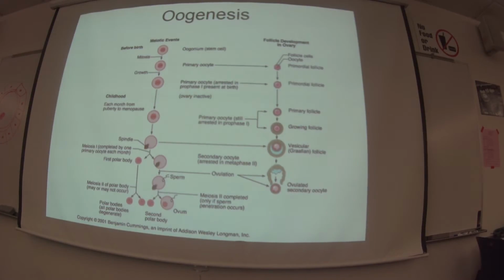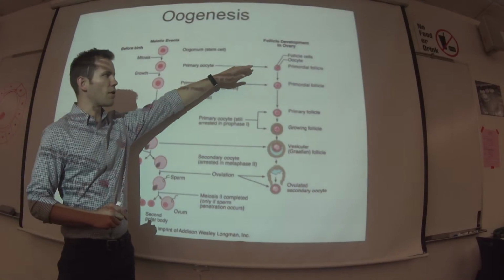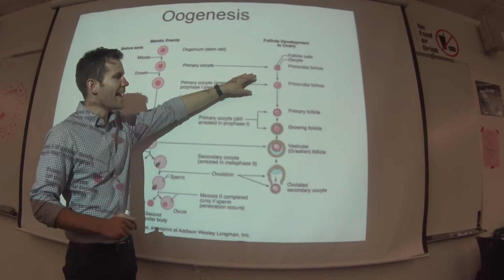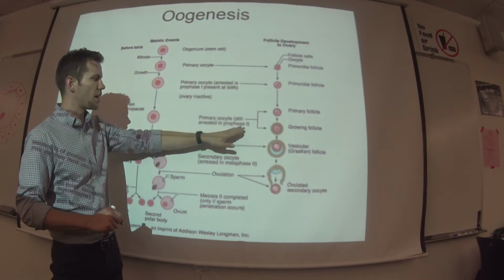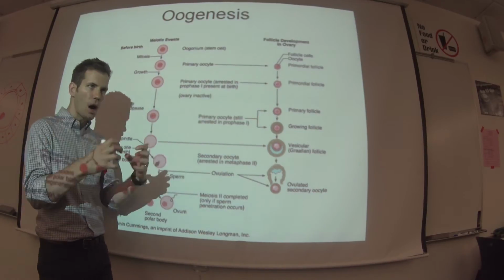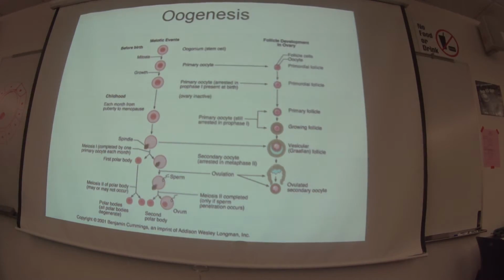And the reason is because you form the primary follicles before birth, and you go through this development while meiosis is paused in prophase 1. And it just has to wait there for like 30 years. It just sits there. Depends on when you get pregnant, but as much as 30 years, it's just waiting to resume.